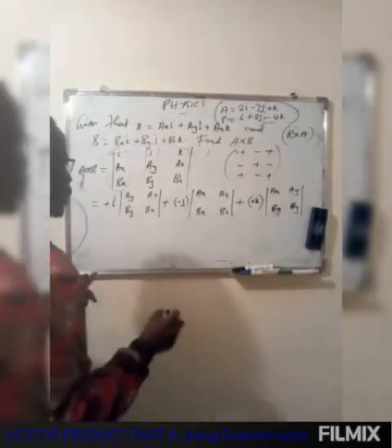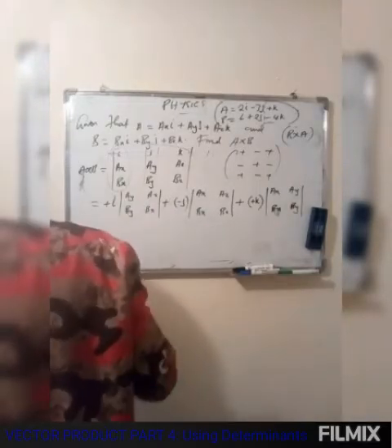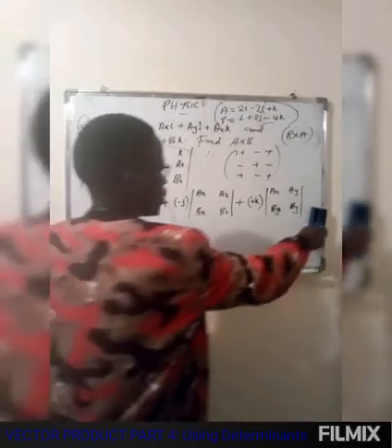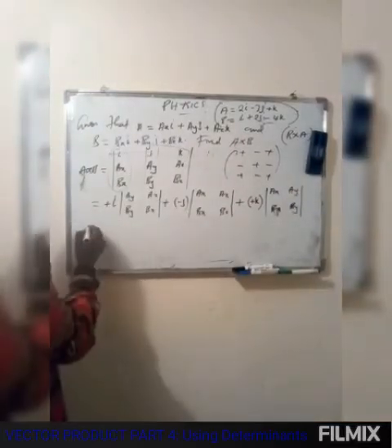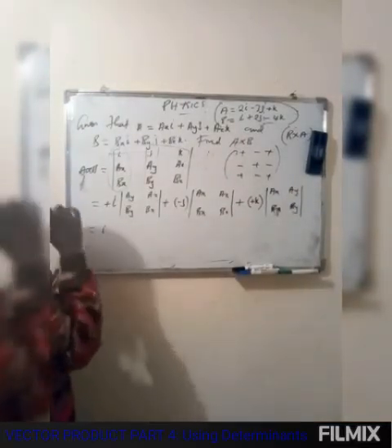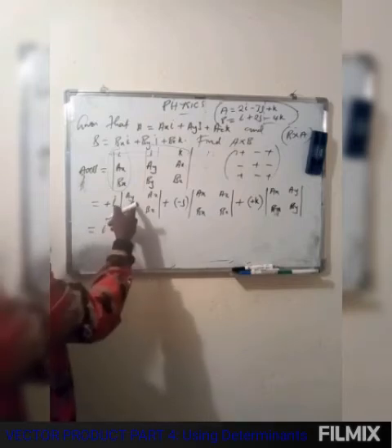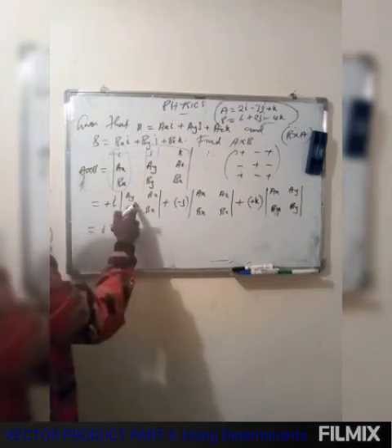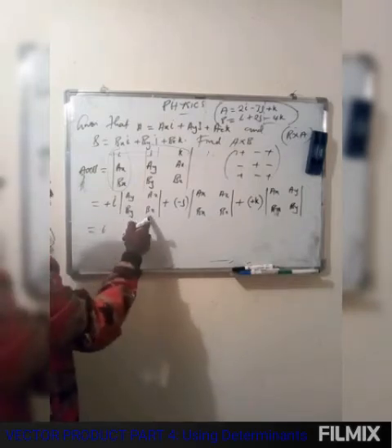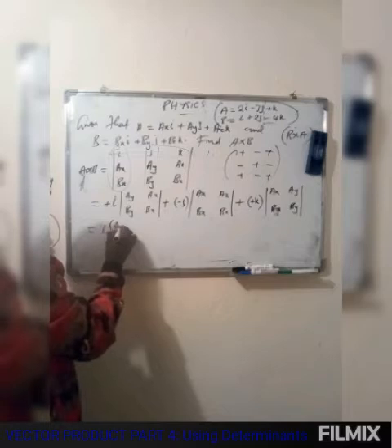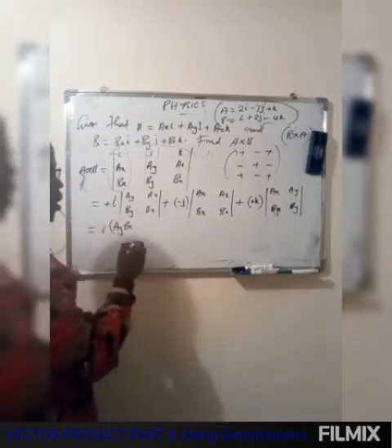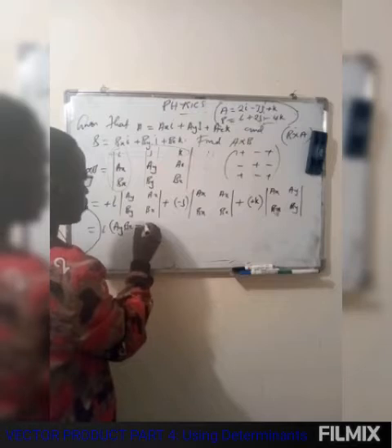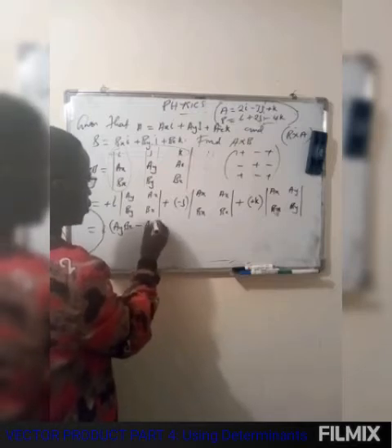Then I go ahead and find the determinants of those 2 by 2 matrices. So this is going to be I times AY BZ minus AZ BY.